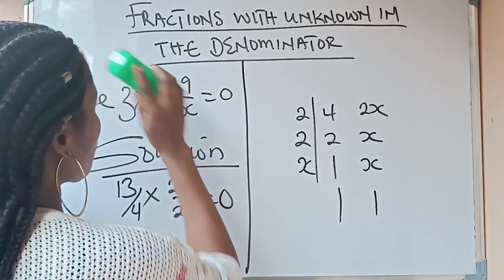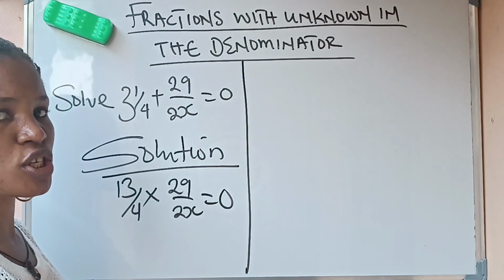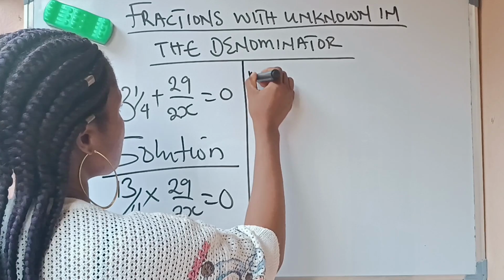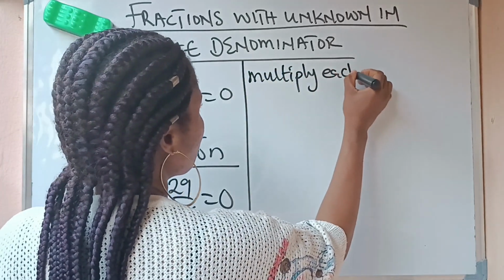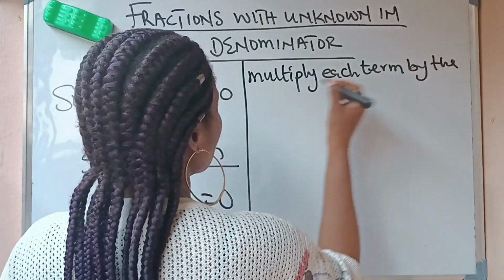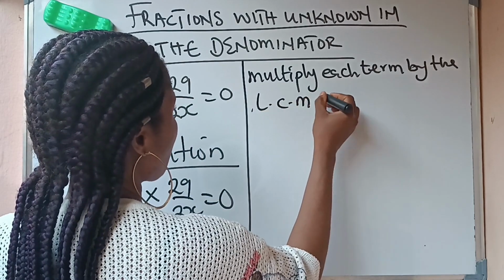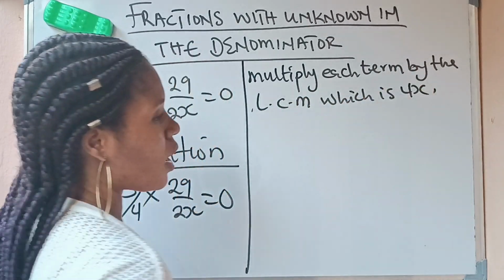Now we are going to multiply each term by the LCM, which is 4x.